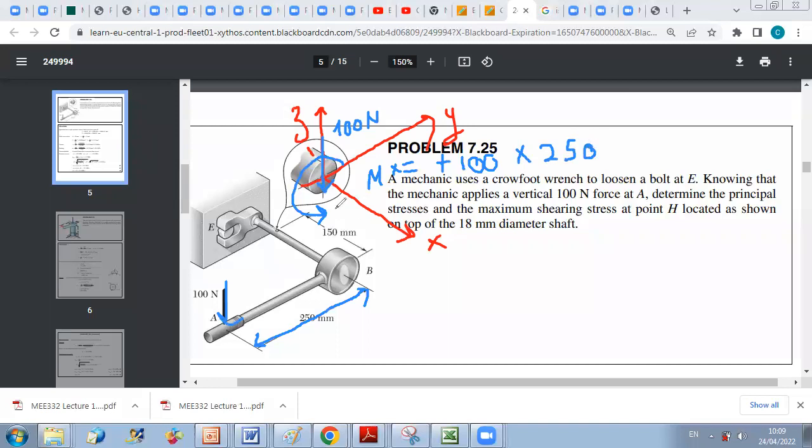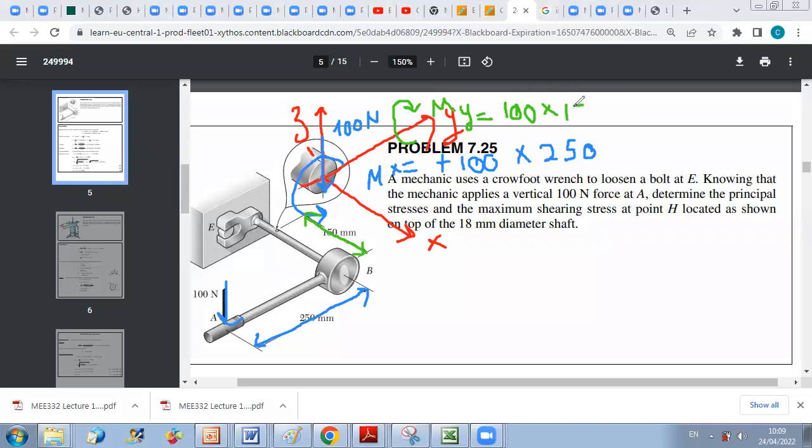And also, it's tending to create a bending moment about the y-axis. So we have also a bending moment about y. It's also along positive y. So this bending moment My is equal to 100 times the distance between the force and the y-axis, so equals 100 times 150.